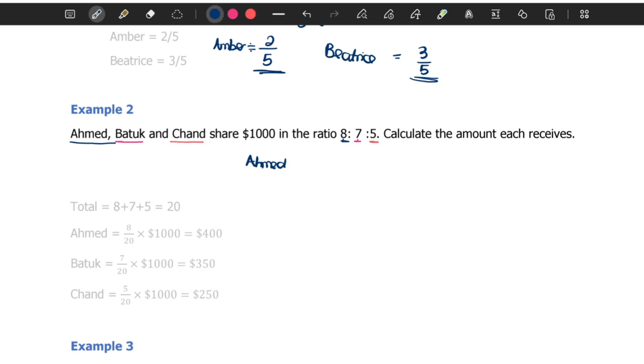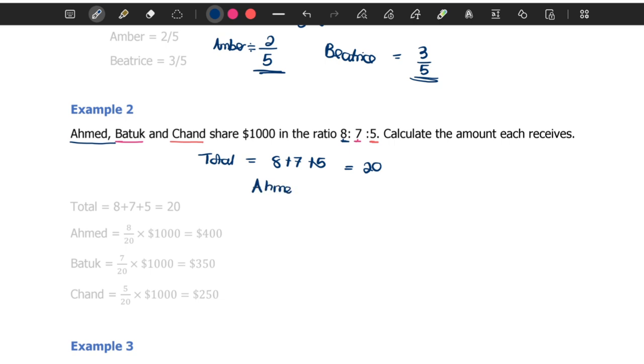So first things first, we need to find the total, to see what the total is going to be. So we have 8 plus 7 plus 5, right? 8 plus 7, that's 15, plus 5, that's 20. So now, calculate the amount each one receives.